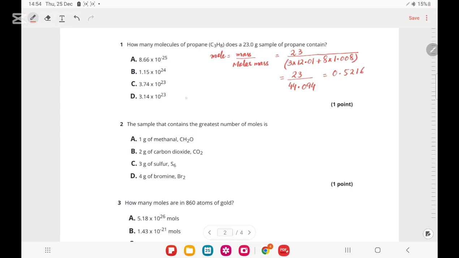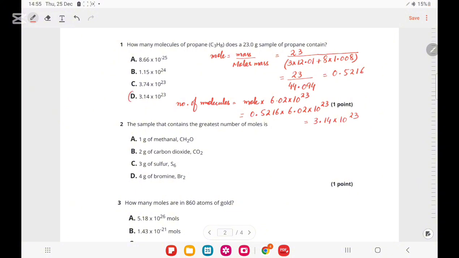These are the moles, and in order to find the number of molecules, what we are going to do is simply mole times Avogadro's number. Mole is 0.5216, and times Avogadro's number, which is 6.02 times 10 raised to power 23, and the answer comes out to be 3.14 times 10 raised to power 23.